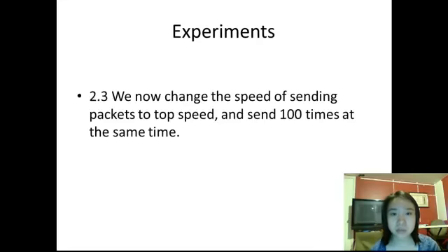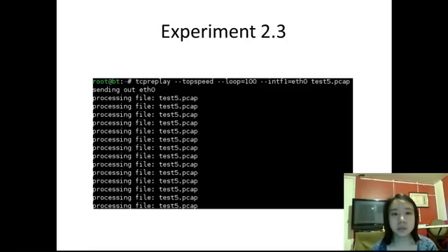The last experiment is that I change the speed of sending packets to top speed, and I send 100 times at the same time. This is the packets I sent to Snort. We can see that the speed is top speed and the loop equals 100.